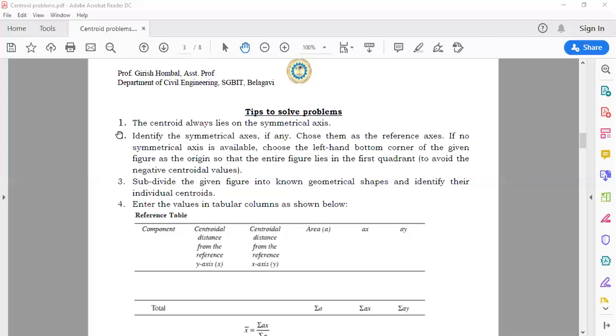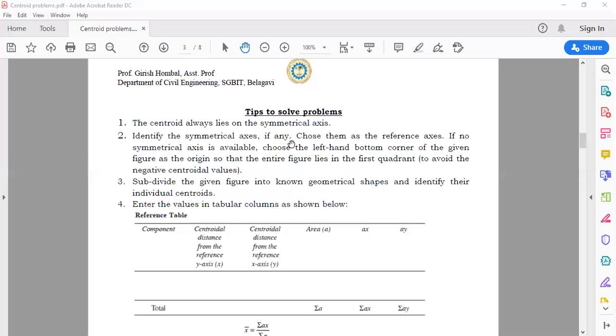Now, the next point is identify the symmetrical axis, if any. If any means any geometric figure. Actually we will solve problems wherein the diagrams are a composition of different geometrical figures. In the sense, the diagram which we may get may be a combination of, say, rectangle, triangle and semicircle, or rectangle, triangle and circle, or only a combination of different rectangles and so on.